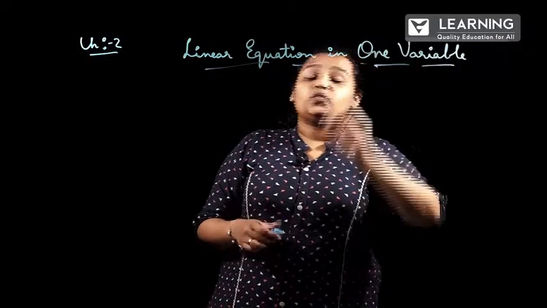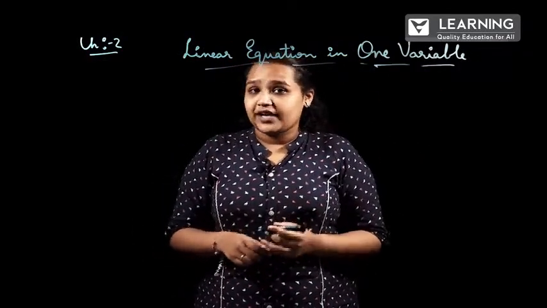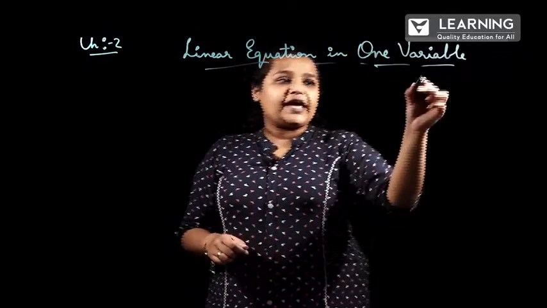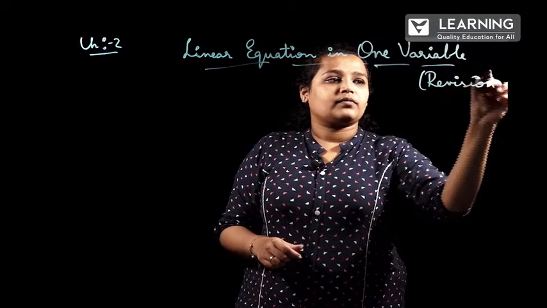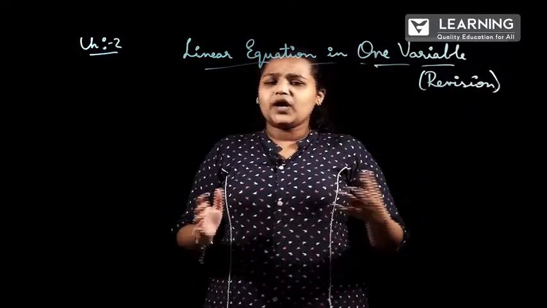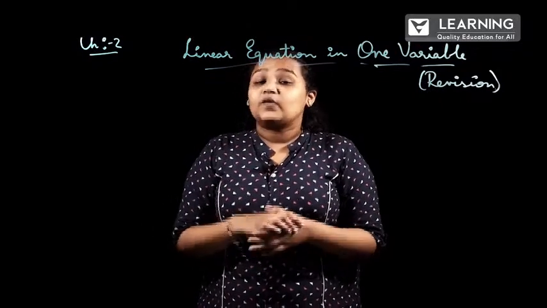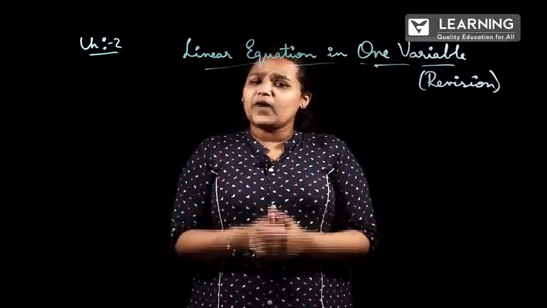So, yes, we have already completed this chapter, linear equation in one variable. What are we going to do? Today, we'll be doing revision. In this, what are we going to learn? First, what is expression? What are identities? And what is linear equation in one variable?